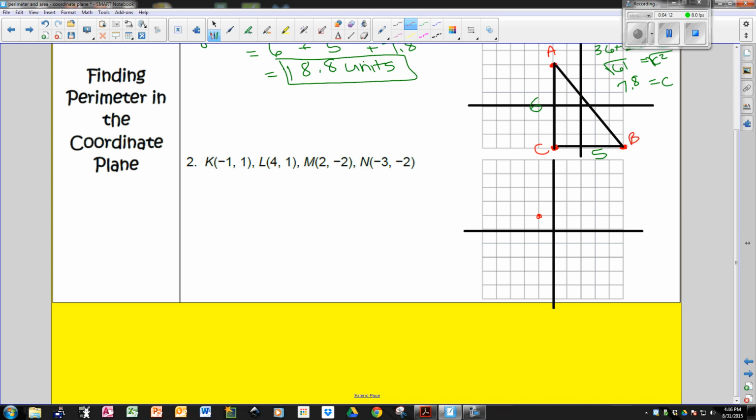So there is point A. 4, 1. 1, 2, 3, 4, 1. So there's point B. 2, -2. So there, oh, I'm labeling these wrong. This is K, L, M, and 1, 2, 3, 1, 2. And there's N.